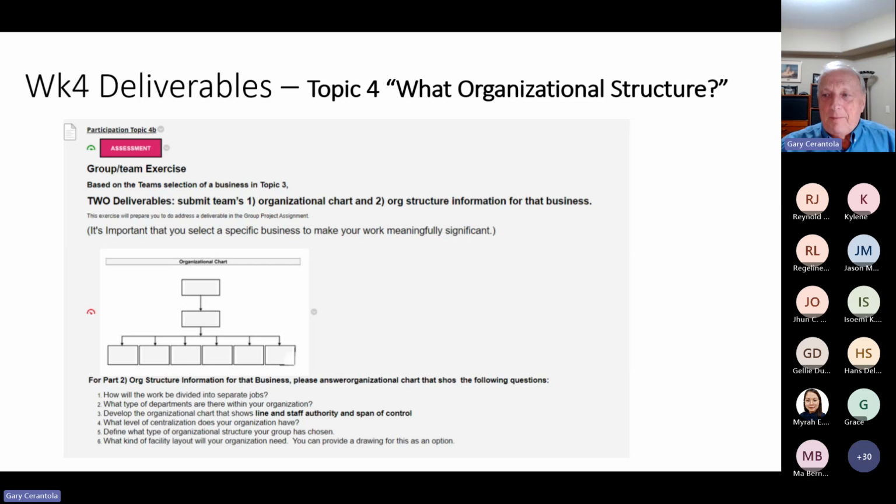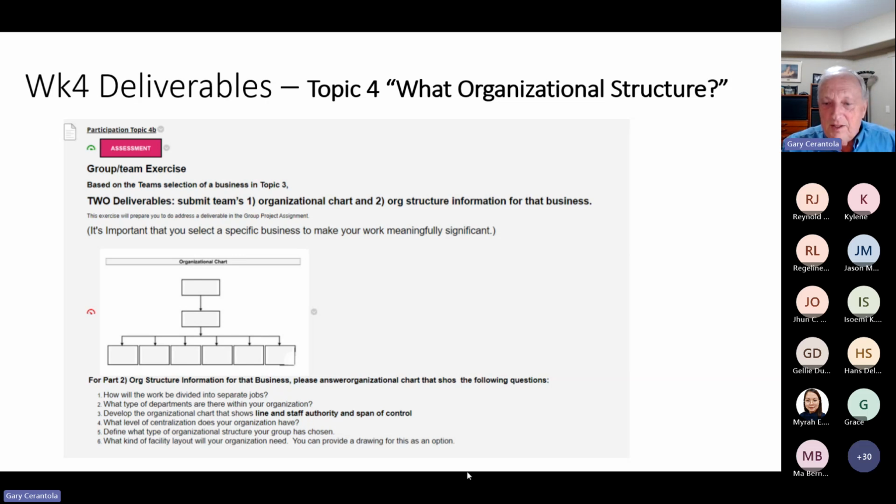And so you need to come up with that organizational chart, and then you need to talk about the org structure information for that business, and that's where you answer these questions. So let's go through those. One is, how will the work be divided into separate jobs? In further slides, we're going to be talking about specialization, so you need to answer that question.